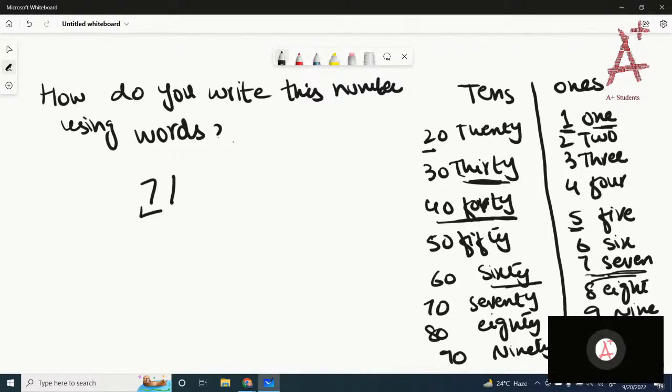So 70, first find the 70 in the table. Here you have 70, and put a hyphen sign and 1, you can find the 1 in the ones column. So here you have 1. This way you can write 71. You are given four options. Select the correct option. The correct option is 71, and then click on the OK button.